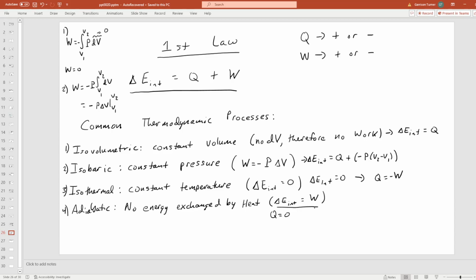All right. So, with that in mind, the entire drive behind the first law is eventually to calculate delta E int. Okay, that is the major function of the first law. Okay, and we want to know, well, the reason we want to know is because your change in internal energy tells you something about the microscopic properties of your system.